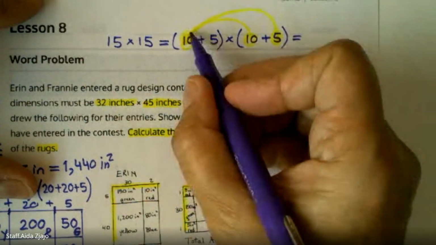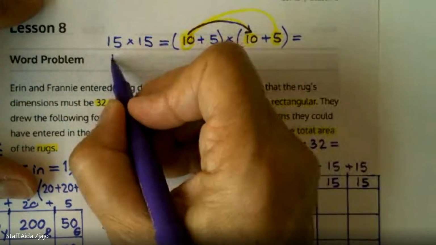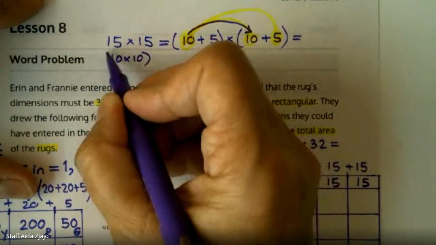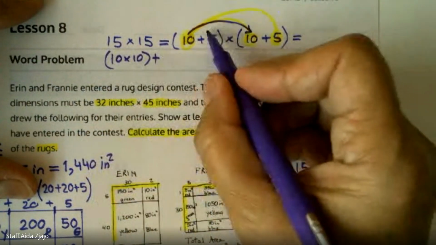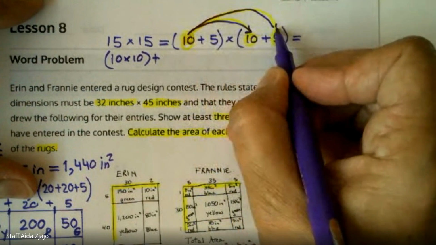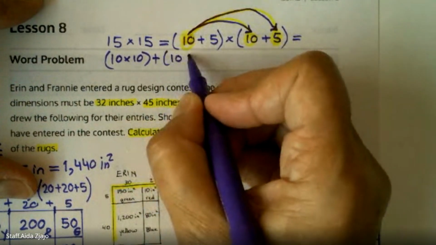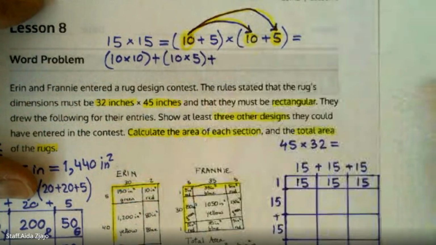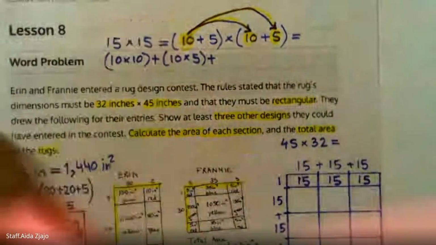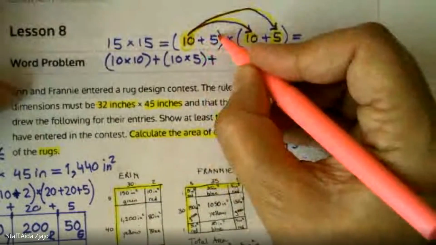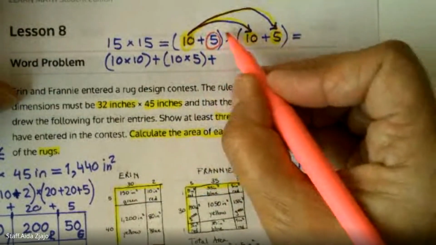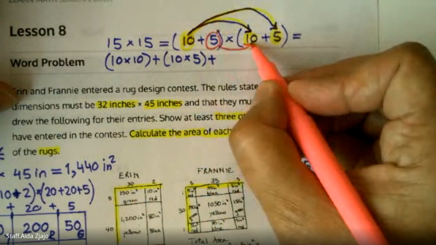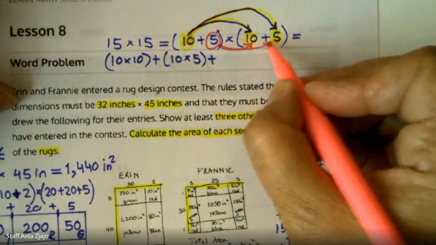10 times 10 plus 10 times 5. Now, plus, that was the 10, now it's 5. 5 times 10 and 5 times 5.